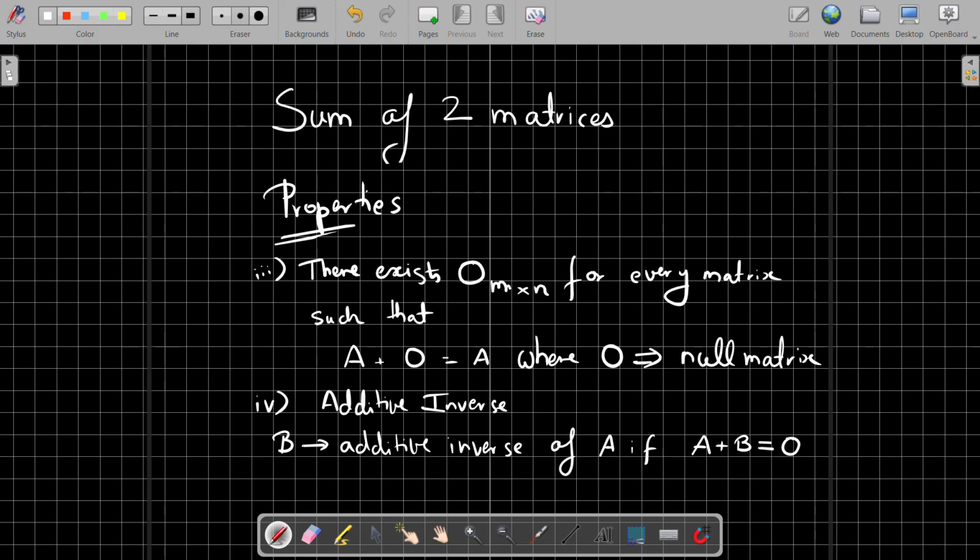So of course the general term for B would be Bij equals minus Aij. So these are the four properties that control the sum of two matrices.